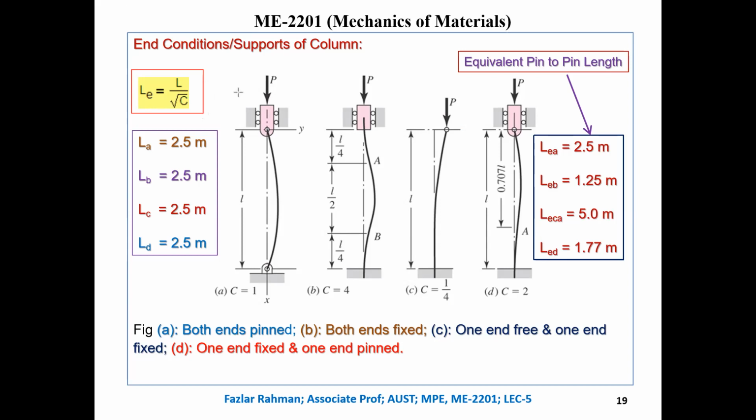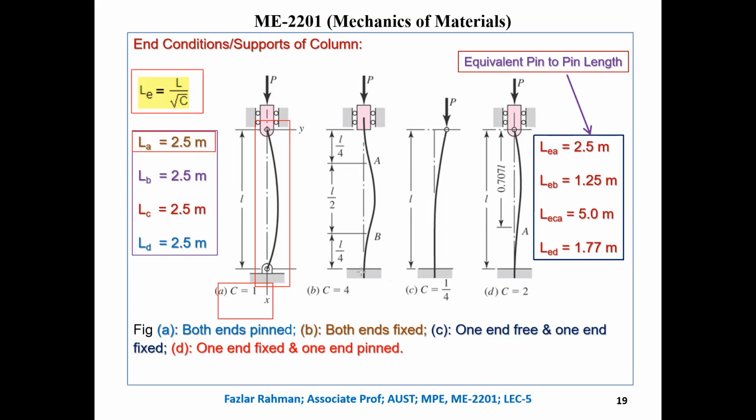For example, I am taking this column in figure A. I mention this length as LA, that means the length of figure A is 2.5 meters. So obviously it will carry some load P for pin to pin support, and we can use the Euler equation because it is built for pin to pin. So for this pin to pin support, C equals 1.